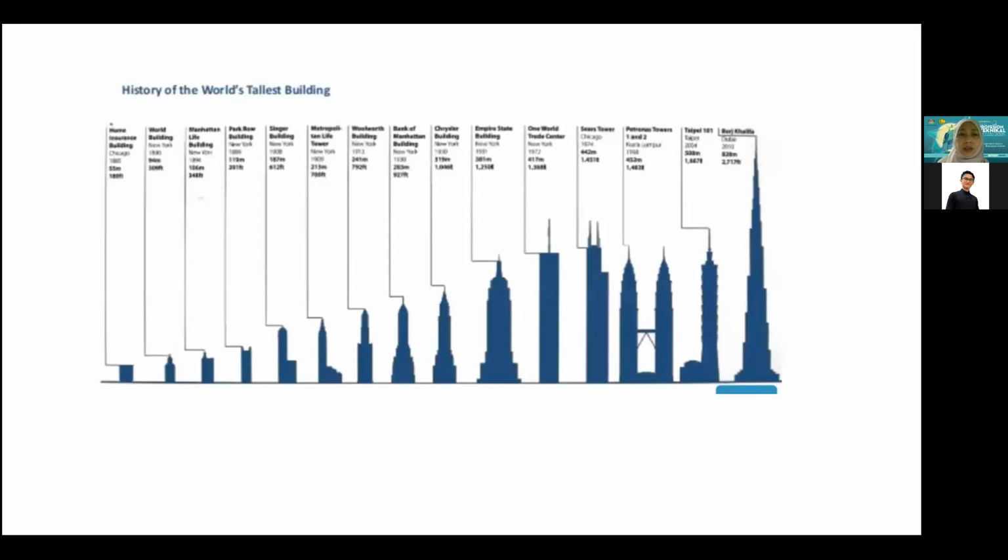So this is the history of the tallest buildings. Building the tallest buildings is not as simple as we think. It is not just the aesthetic value and the system, but how to make the building operate and function well. It is because of the services systems, they must work well.